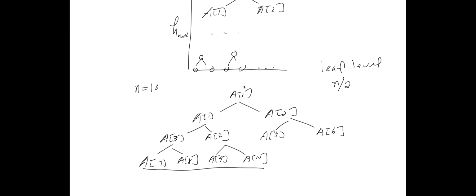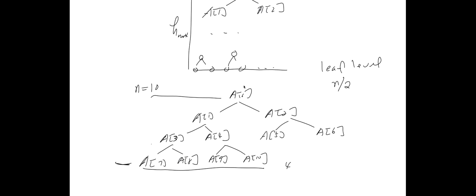So at the lower level we have 4 leaves. So the max height, the lowest height, this is the upper level.